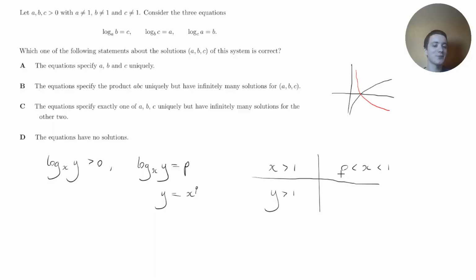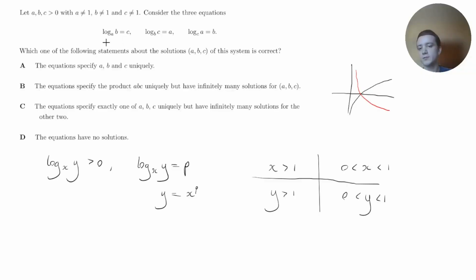If instead x is between 0 and 1, well, x to the p is a number between 0 and 1 taken to a positive power, and that's also going to be between 0 and 1. So what this means is that if log base x of y is positive, then x and y are going to be, quote unquote, on the same side of 1.